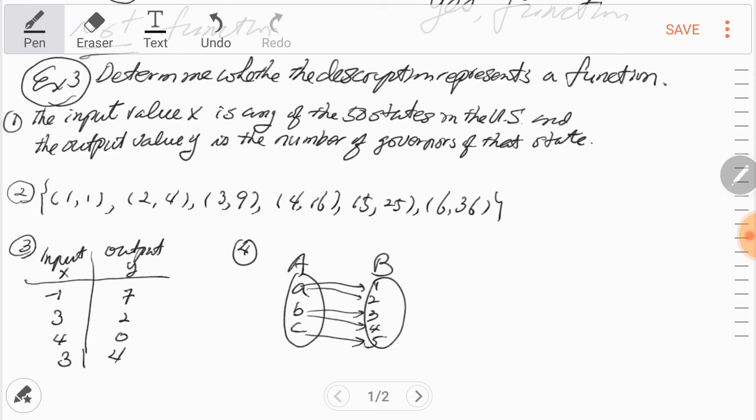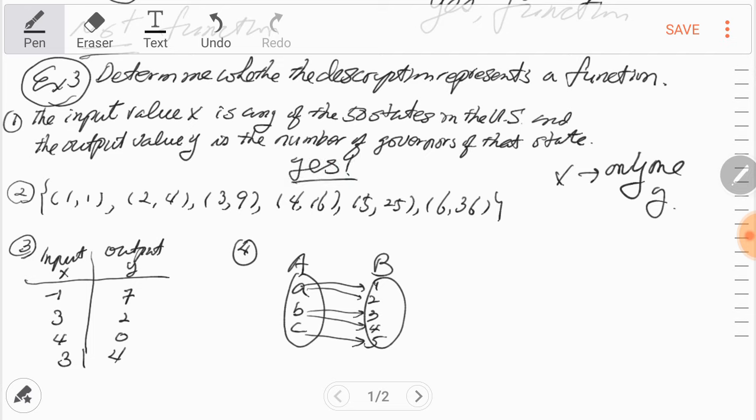For each state, there is only one number of governors. The number of governors is fixed. So you cannot have 2. So for each input x, there is only one y value. So yes, this is a function.